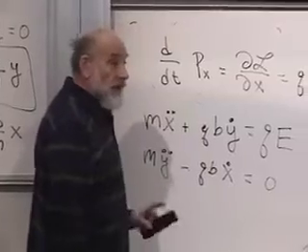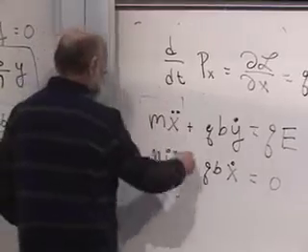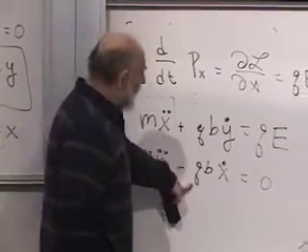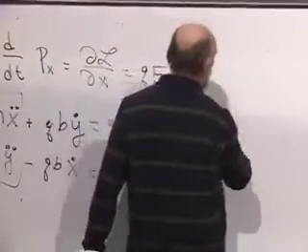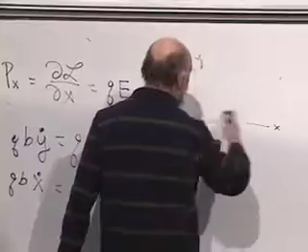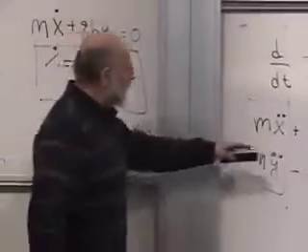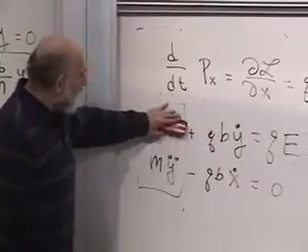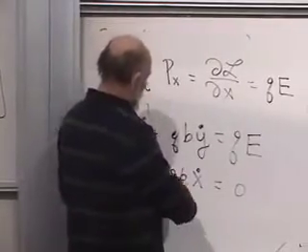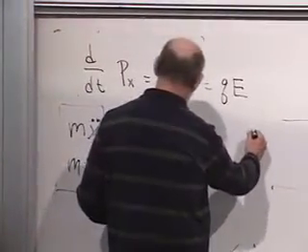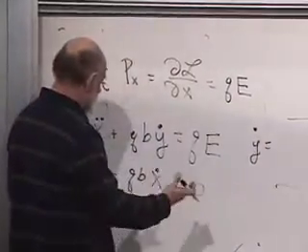That means that the velocity has to be constant, but it can't be any constant. Let's throw these terms away and see what we get. From here, we get that x dot has to be equal to 0. So if we plot x and y, the particle doesn't move to the left or the right, but from here, we see that y dot is equal to E over B, the q's cancel.